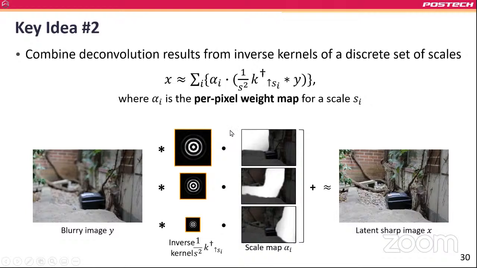Then we interpolate using some weights. For this part, the result of this inverse corner will have a larger weight because it has a larger blur. This part has a middle scale blur, so the result of this middle scale inverse corner will have a larger weight, and this part is handled by this smaller scale inverse corner, something like that. This means that we deblur this input using different scales of inverse corner, and then we interpolate using weights depending on the defocus blur size.